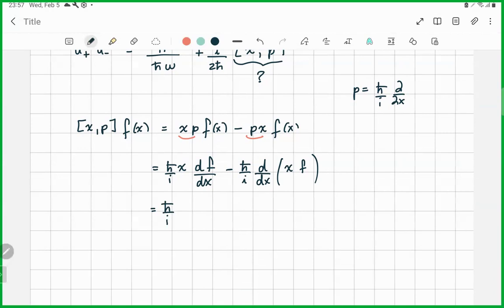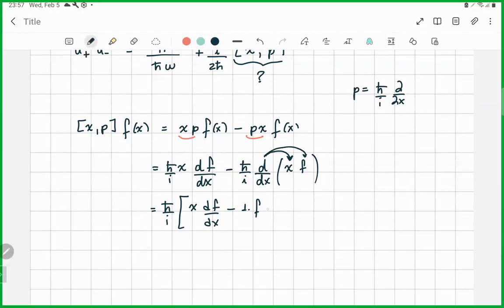And so let's continue with this. h bar over i, all of the terms have. Then we have x, derivative of f. Then we have first the derivative of x, which is 1. So we have 1 multiplied by f. And then we have the derivative of f.